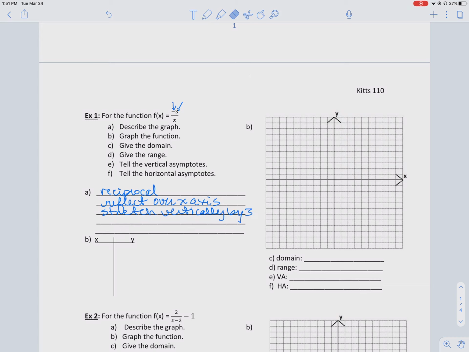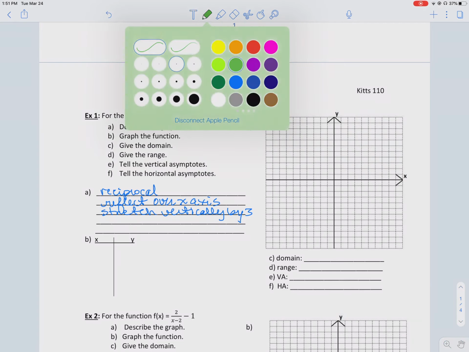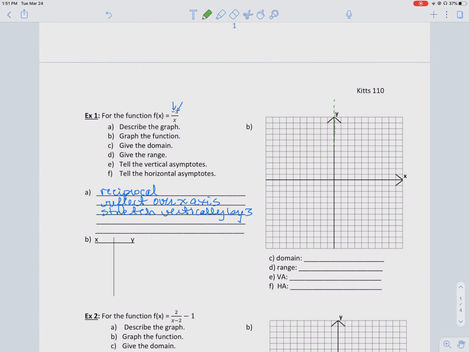All right. So let's just plug in some points, but it helps to know a little bit first. Notice that I've got an x on the bottom, so that means I'm going to have my vertical asymptote at 0. So I'm going to plug points in on both sides of that.